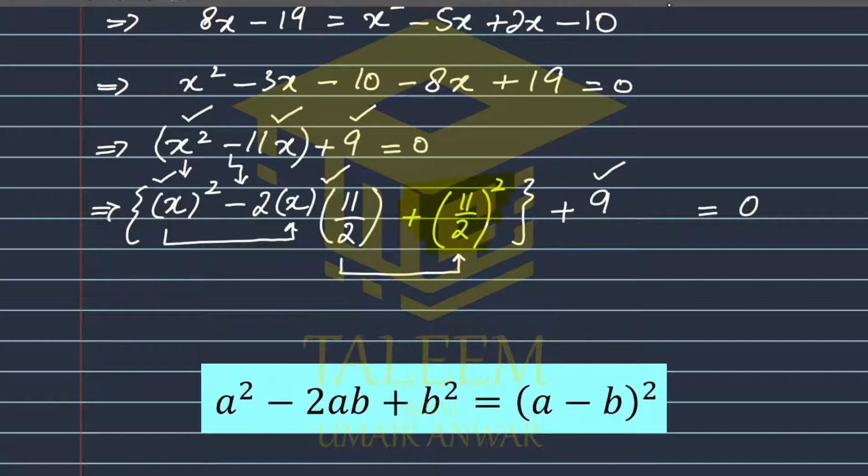So there are two ways to balance it. Number one is if I want to balance it on the left hand side, then I'll be writing a minus 11 upon 2 whole square over here, so that what was added in the left side gets balanced by subtracting it on the same side. And there is another thing that I can do, since it is an equation, that I can add 11 upon 2 whole square on the right hand side also.